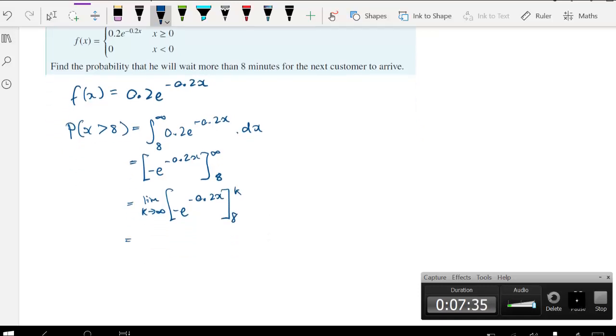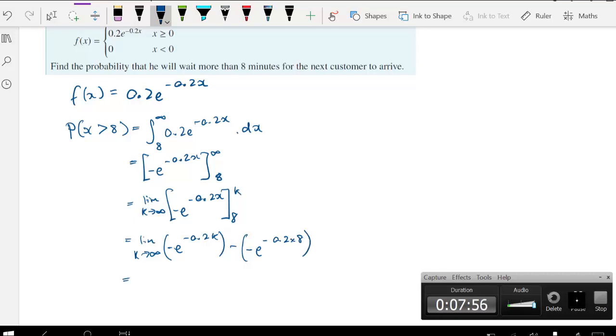So when we look at the first part, the limit as k approaches infinity of negative e to the negative 0.2 k, and then subtract negative e to negative 0.2 times 8.